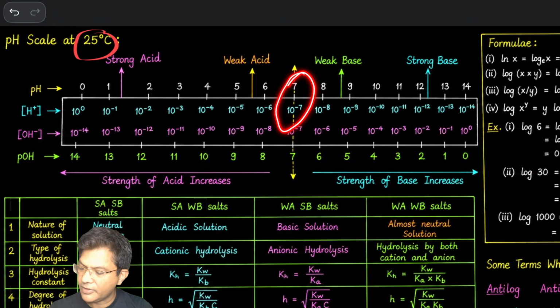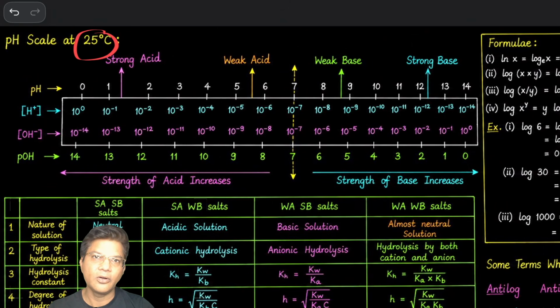So anything having pH equal to 7, we'll call it neutral or amphoteric. Actually, it is amphoteric. For example, water is amphoteric, but people may also call it neutral. Anything more than 7 pH is basic, nearest to 14 is a strong base, and nearest to 1, 2, 3, like that, is a strong acid. This point is clear, I hope.